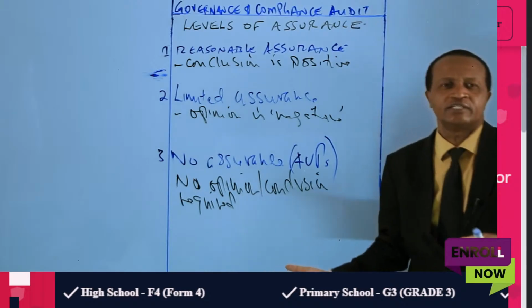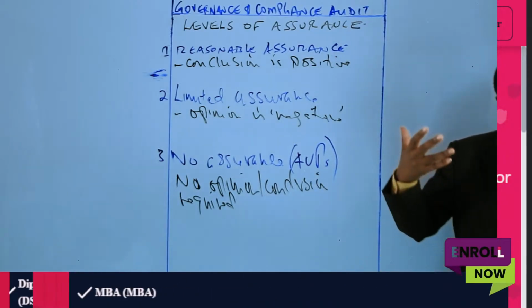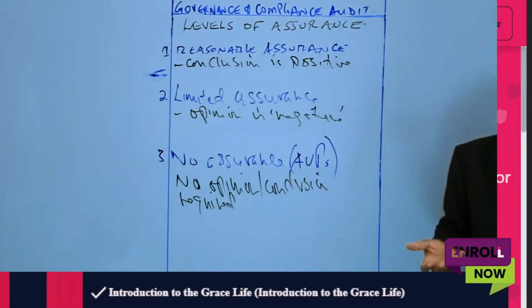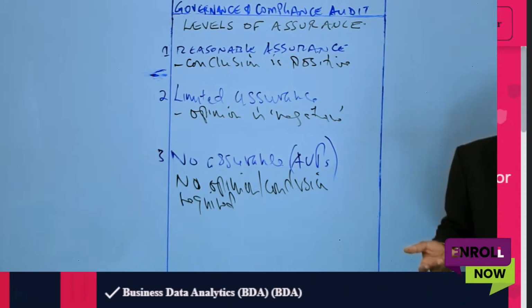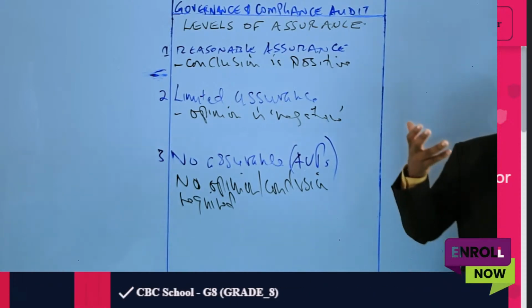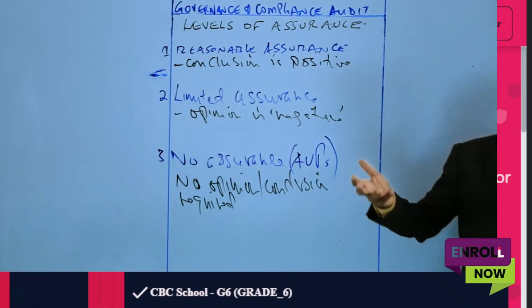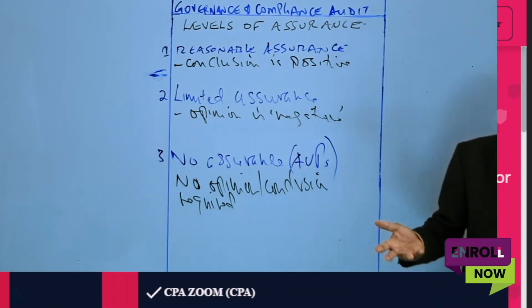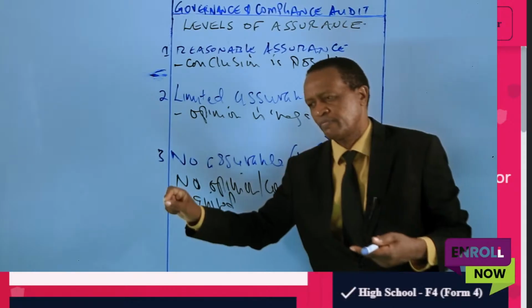The report may just state the factual findings. Okay, the auditors may, for example, say, we observed X number of instances where policy was not followed.